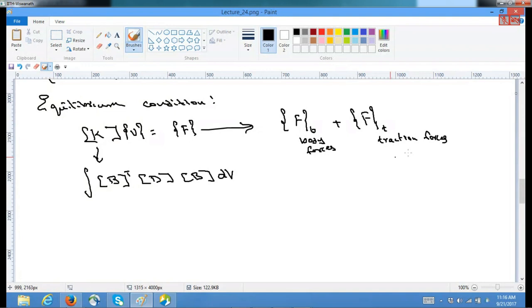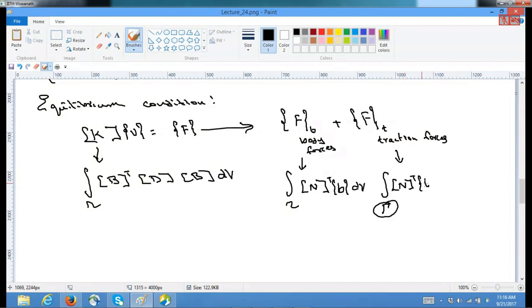Which was represented as the integral over omega of N transpose b dV, whereas the traction force is a surface integral, so N transpose times traction forces times dA.